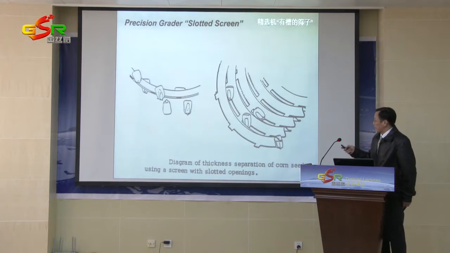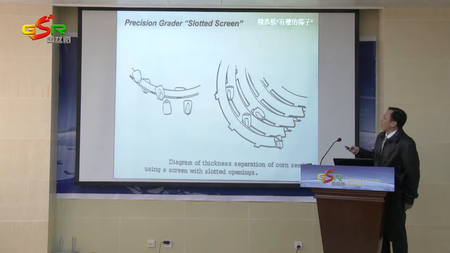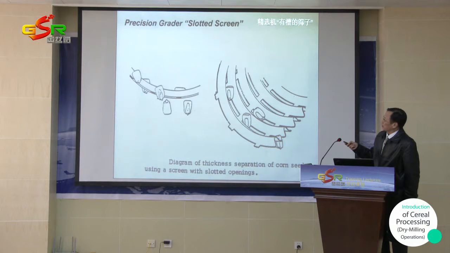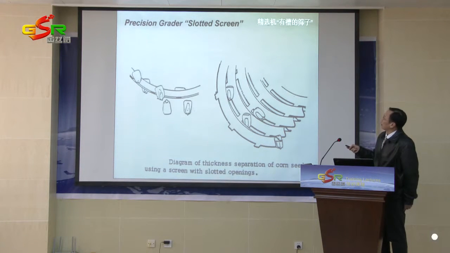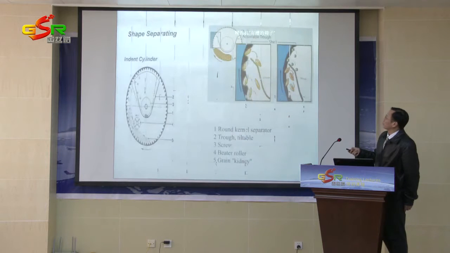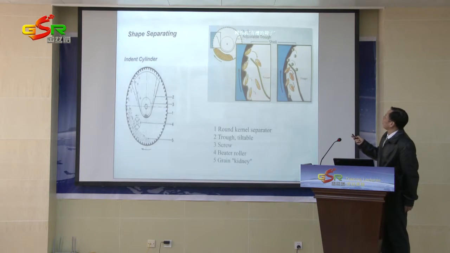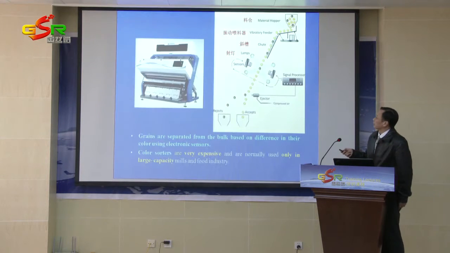And this is the precision grader, which removes foreign material according to shape. With this, the small-size material can be removed through the slots.